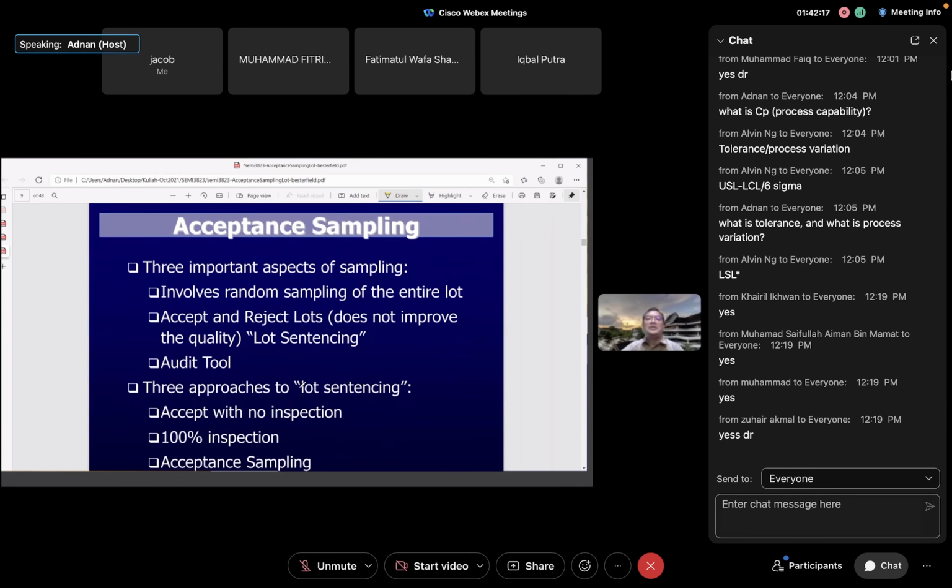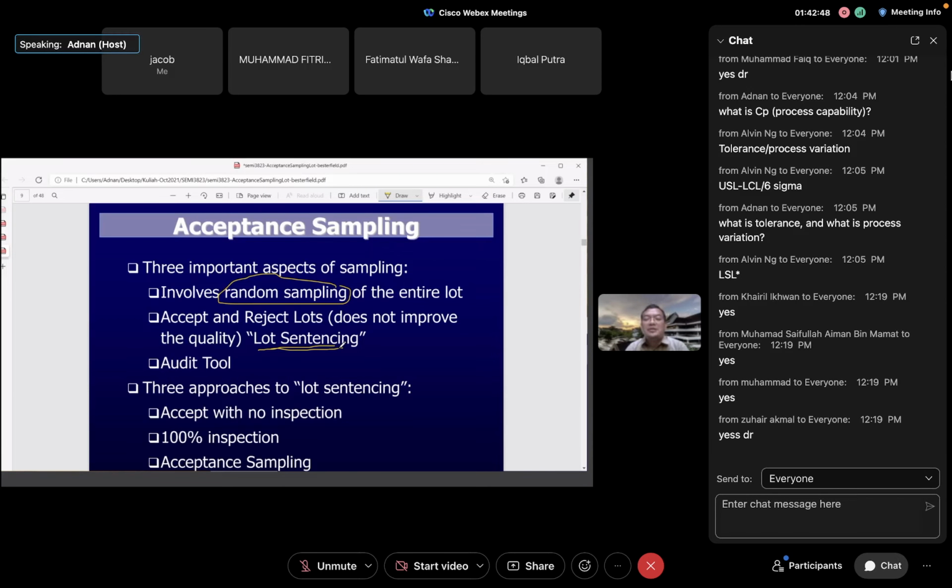Three important aspects of sampling. It must involve random sampling. We must know how to implement random sampling. We must know decision making, accept or reject. This is what you call lot sentencing. Acceptance sampling does not improve quality; it's basically for decision making. Improving quality is done through monitoring using control charting, where you know the diagnosis, you know the patterns, you go to the process, you improve it.